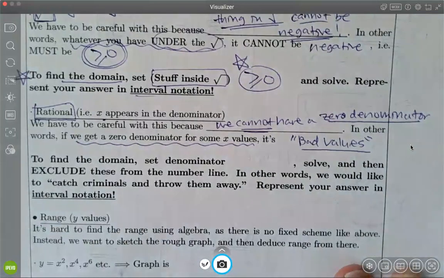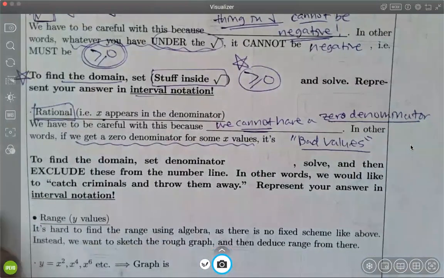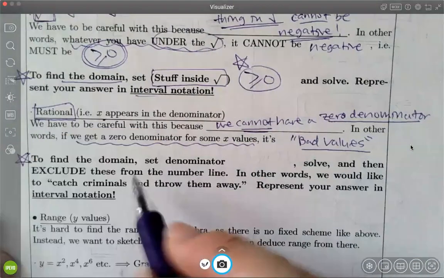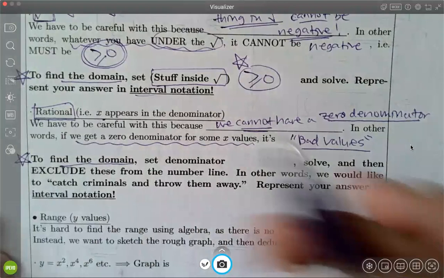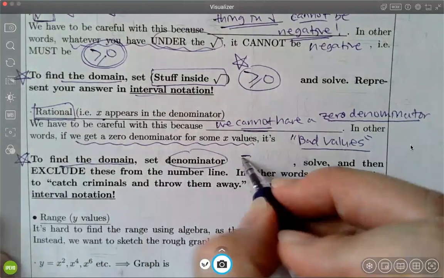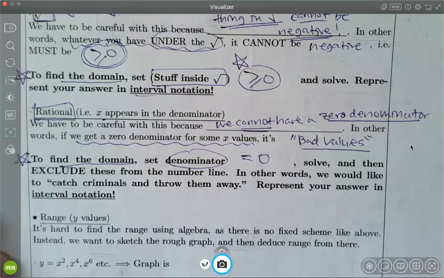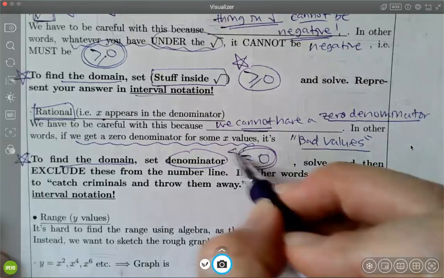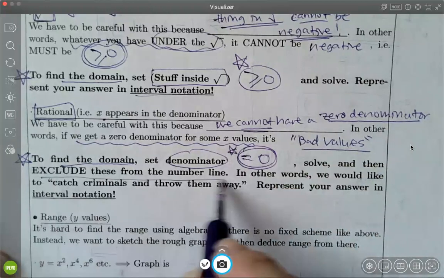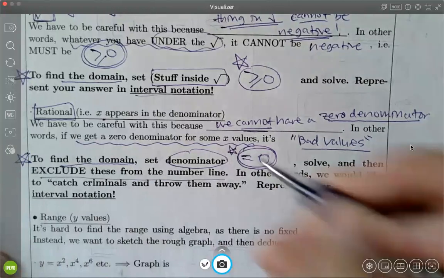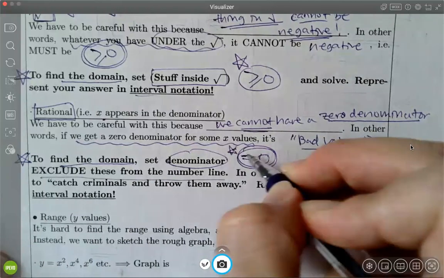So how do you find the domain of the rational function case? Set the bottom equal to 0 and solve. This time we have the equal to 0 case, and then we have to exclude those from the number line.